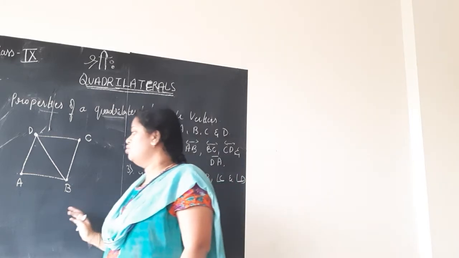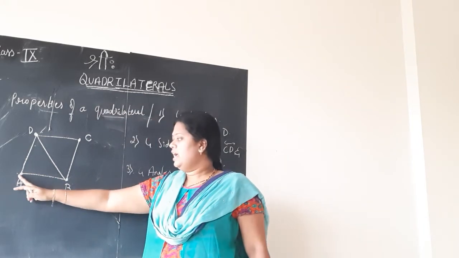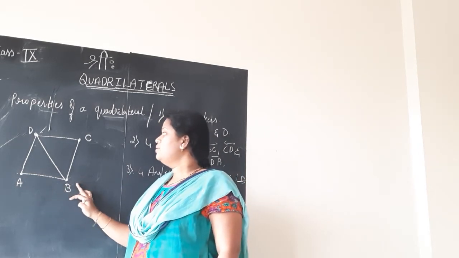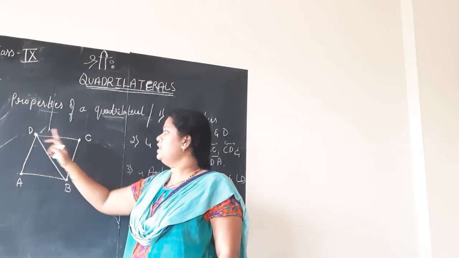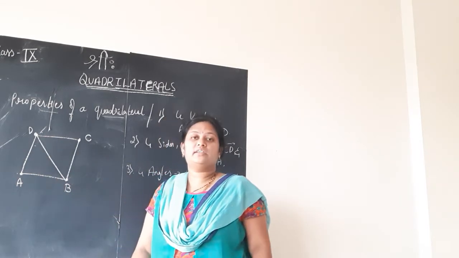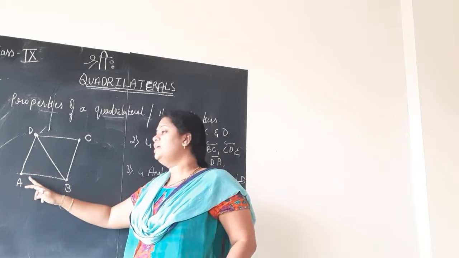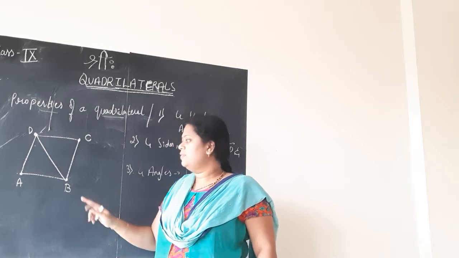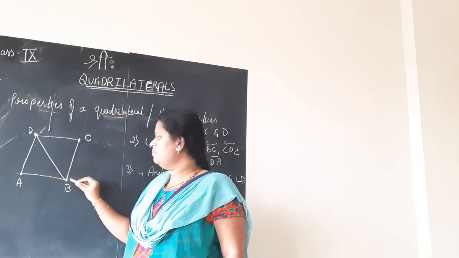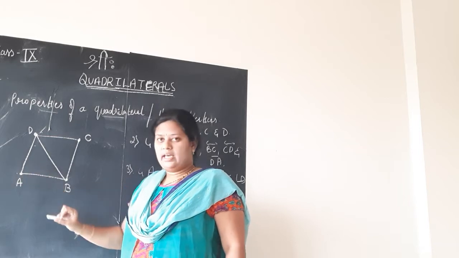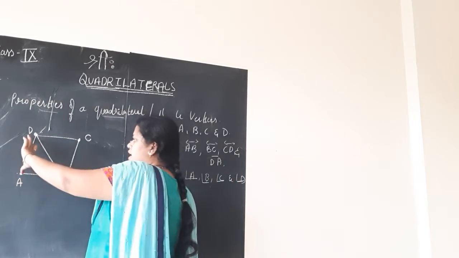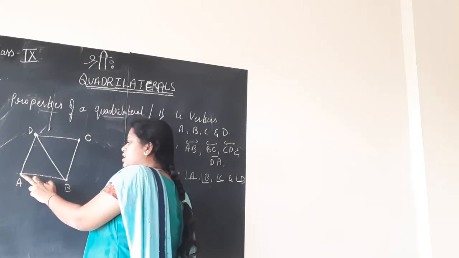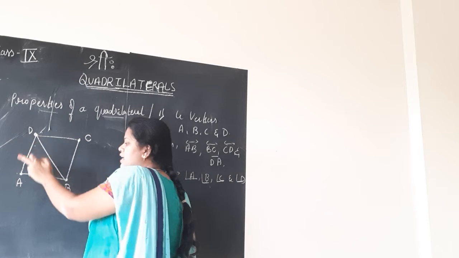Before that, children, let us know what is adjacent. A and B are adjacent vertices. Similarly, B and C are adjacent, C and D are adjacent, D and A are adjacent. If one is beside the other, or you can define it as, if they have a common arm. Arm means side. For vertex A, the arms are AD and AB.